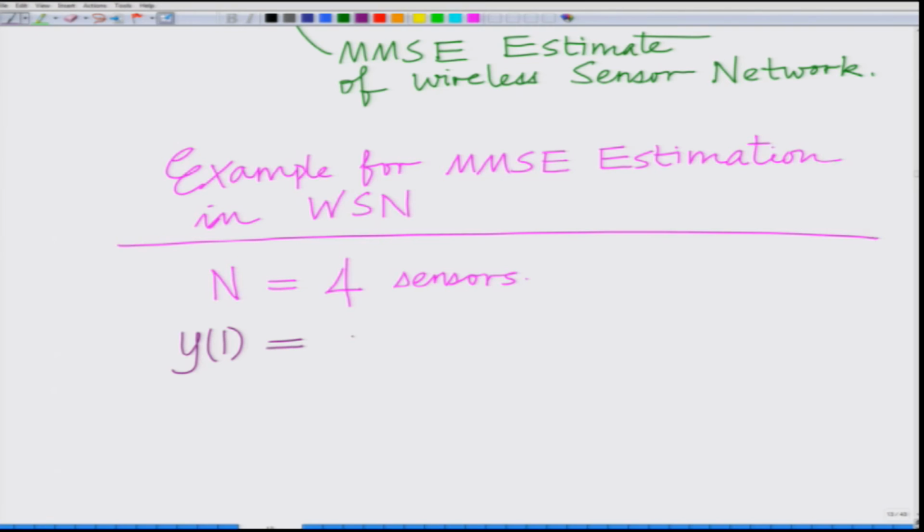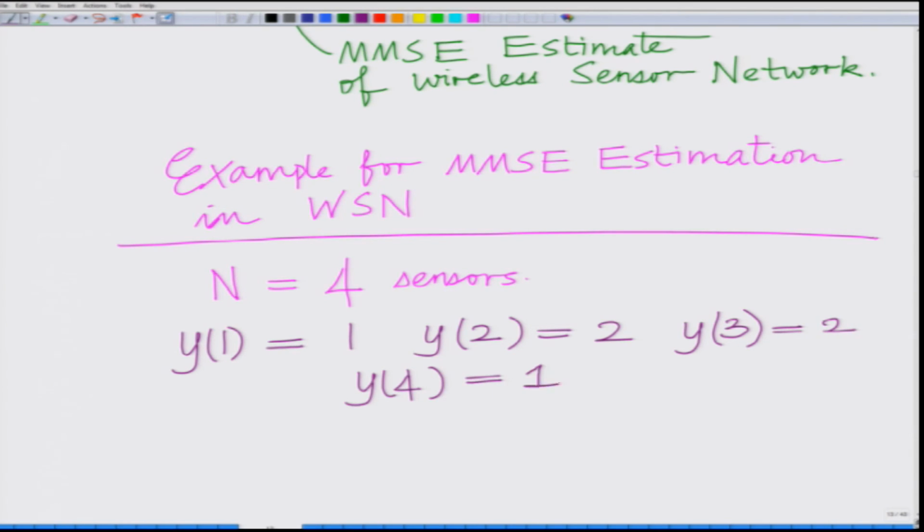y1 equals 1, y2 equals 2, y3 equals 2 and y4 equals 1.